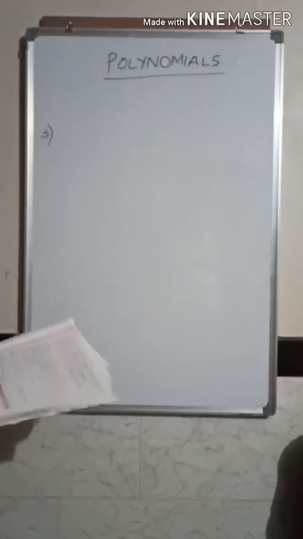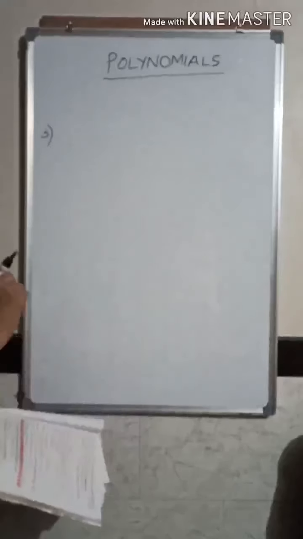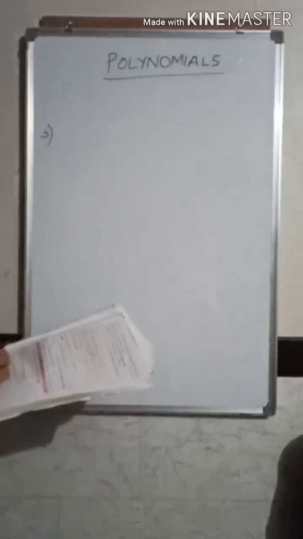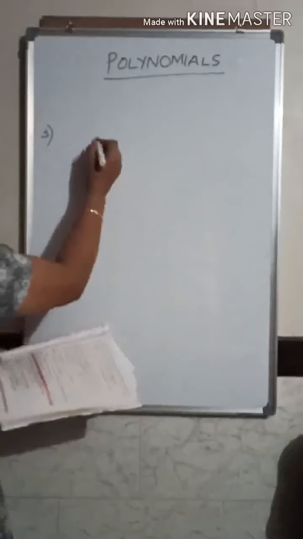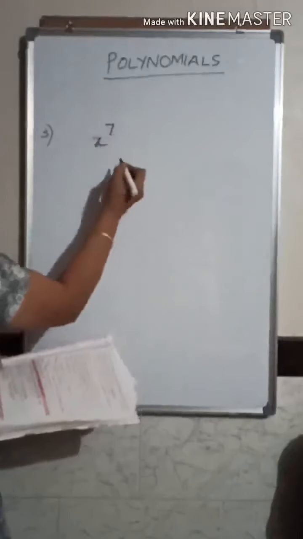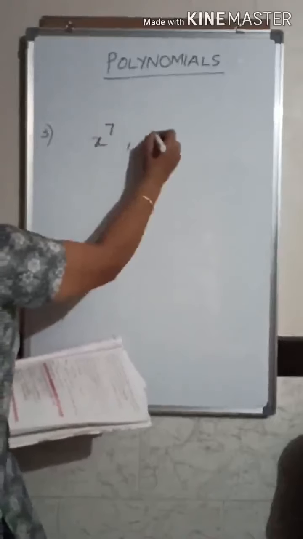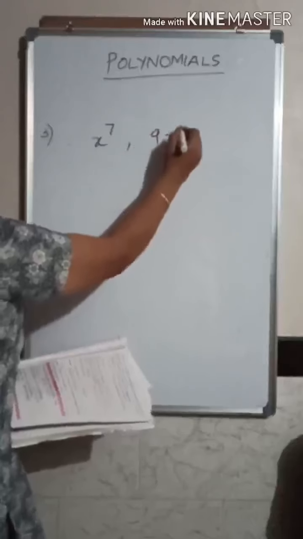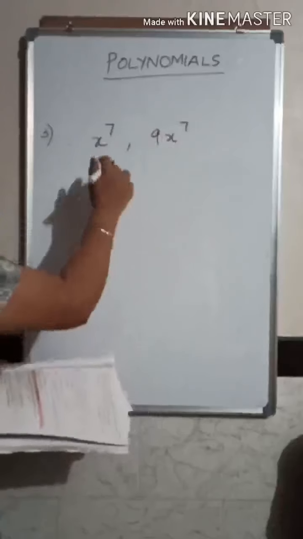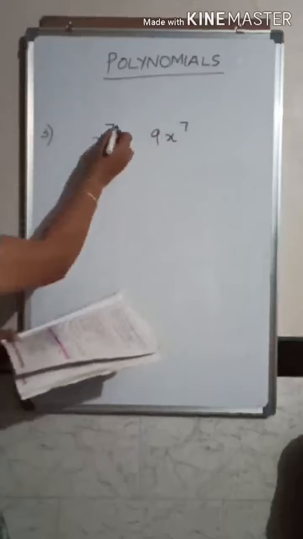Monomial means one term, and you have to use the degree as 7. The variable is x. So you can just write x to the power of 7, or you can also add a coefficient and write it as 7x to the 7, or any number times x to the power of 7. So this is a monomial with the degree as 7.